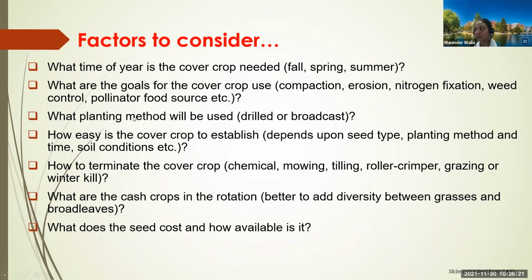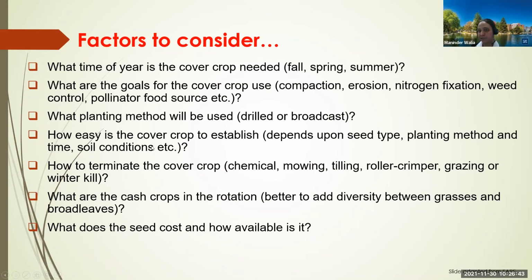Then, what are the goals? If we are looking to reduce compaction, then the brassicas, radish, can be a good one. For erosion, weed control, and nitrogen fixation, the legumes would be a good one to consider. Or if we are just looking for pollinators or reducing the weed pressure.